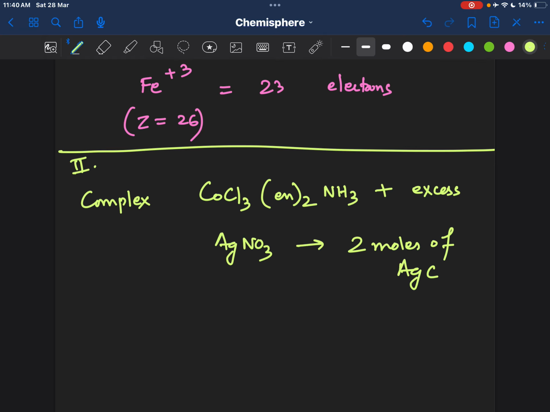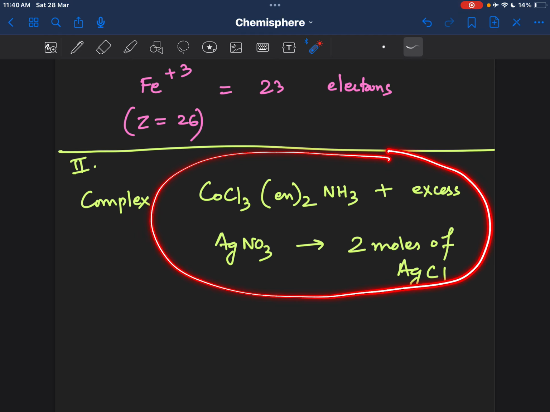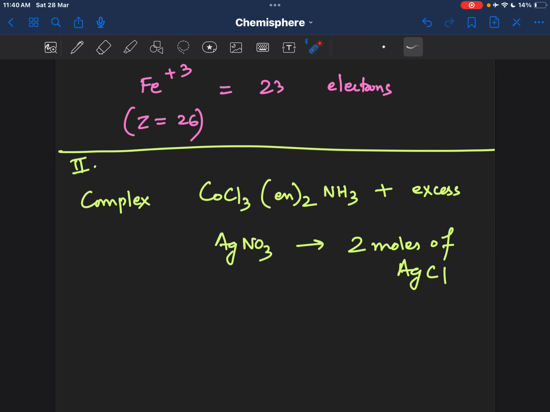This information is very important because it will help us find out the formula of the complex. We don't know what is outside the coordination sphere, how many atoms are inside it, or what the coordination number is, so we cannot say anything about the oxidation state of the central metal atom without knowing the formula.